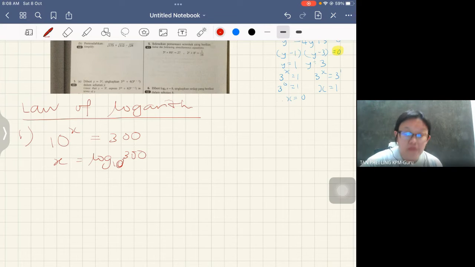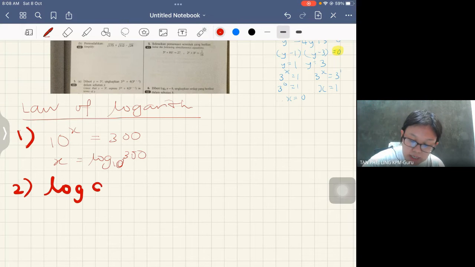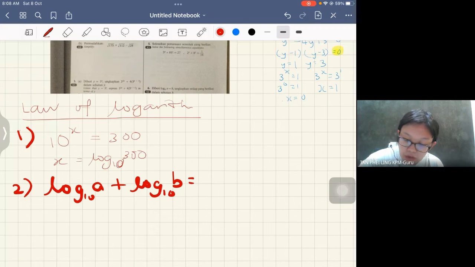So when we have law of logarithm, I think this one is better, thicker. You can see clearer, right? The next one: if I have log A plus log B, regardless, we should have the same base, base 10, base 10, then you will have log A times B. Is it okay?